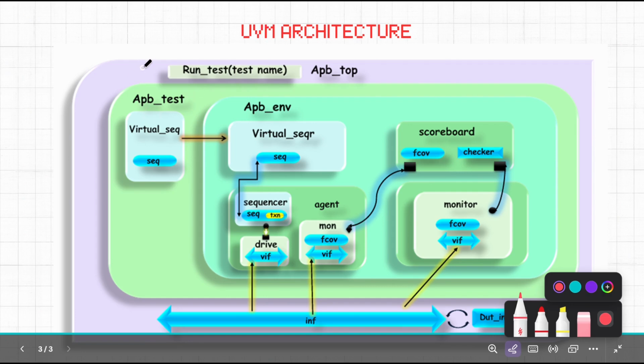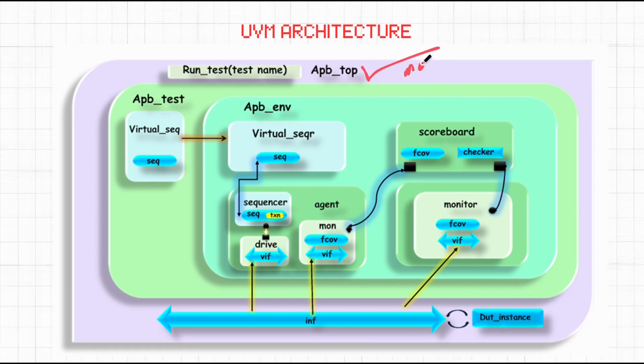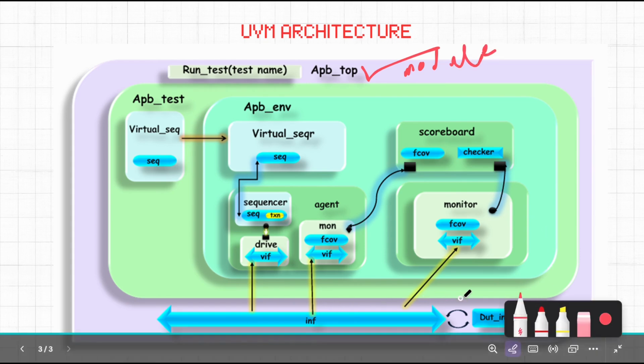Now finally our UVM architecture, and here is also the same case. The top will be our module, the DUT will always be a module, and the interface will be an interface.